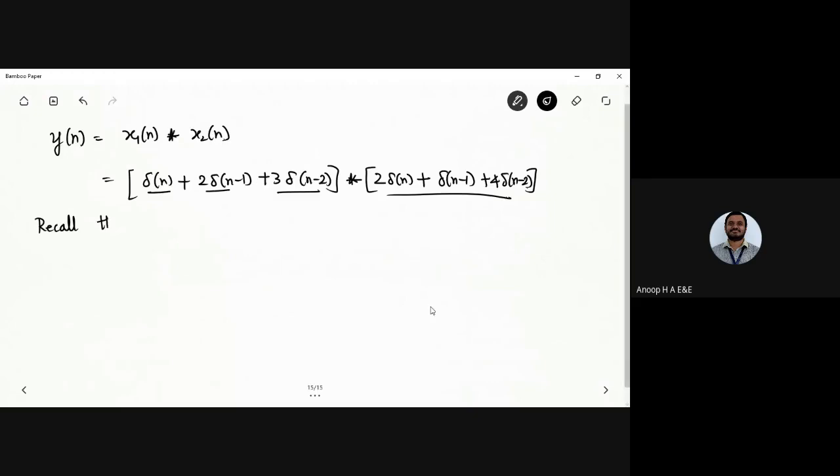So recall the property here. Which is the convolution of two delayed unit impulse sequences.